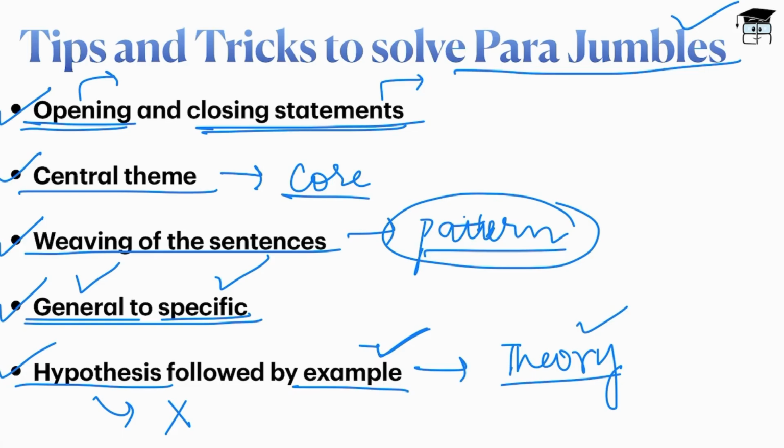In this method, you'll be able to understand that the sentence containing the theory will come first and then the example sentence. But again, as I told you before, sometimes the example is provided first and then the theory is given to support the example. So this is not always a go-to approach, but you can still use it sometimes.